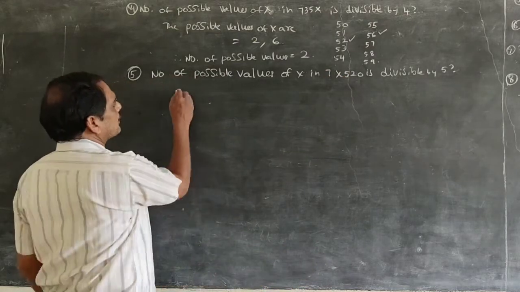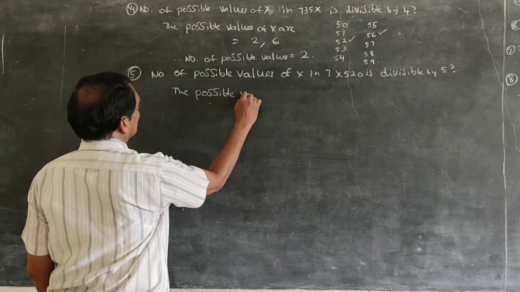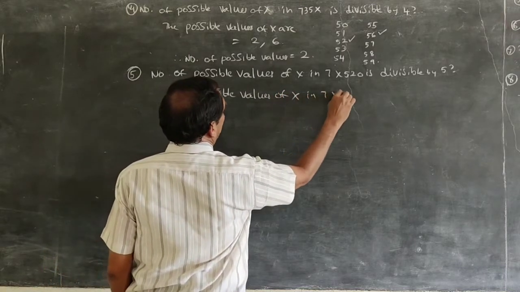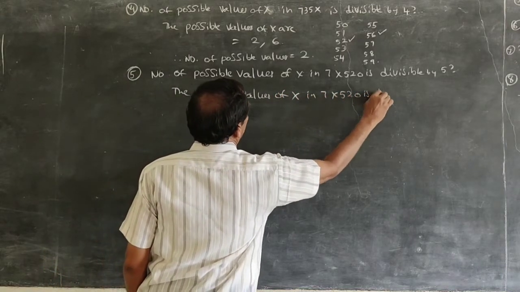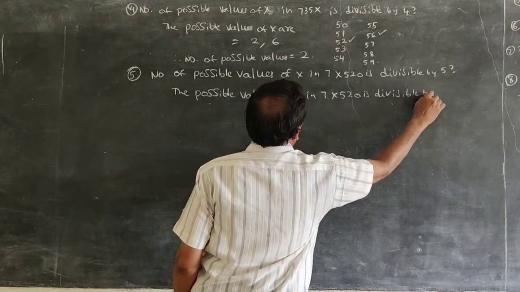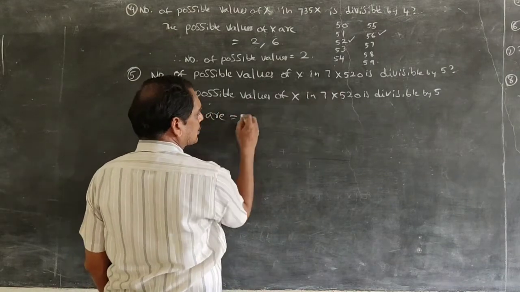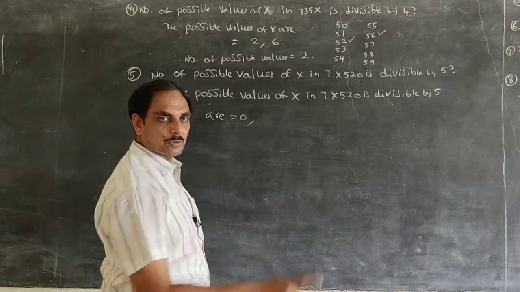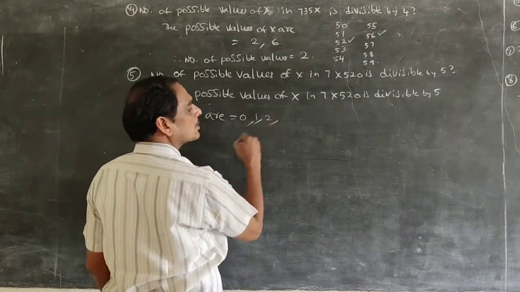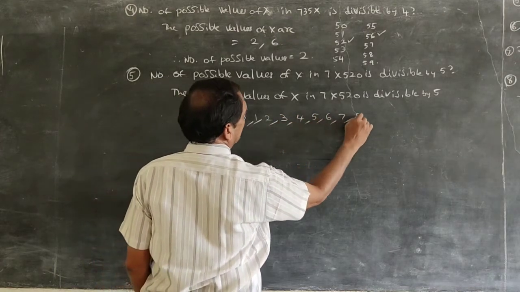So the possible values of x in 7x520 divisible by 5: we can substitute x equal to 0, then the number is divisible by 5, and x equal to 1 also divisible by 5, 2 also, 3, 4, 5, 6, 7, 8, 9.